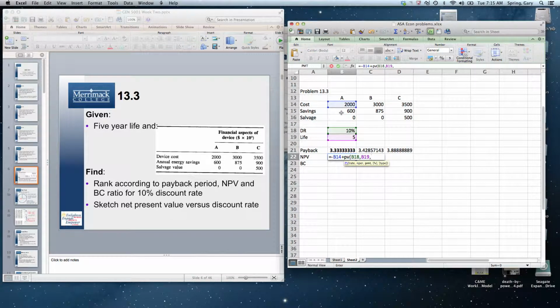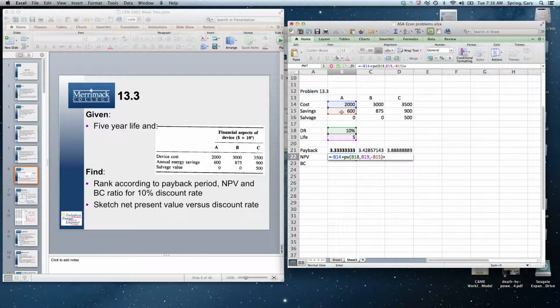And I'm going to put it in as a negative because of the weird nature of the payment PV function in Excel. If you put it in positive, it comes out as a negative value. And then, of course, the salvage value. Let's put that in, even though it's 0, because I'm gonna do something to save some effort here.